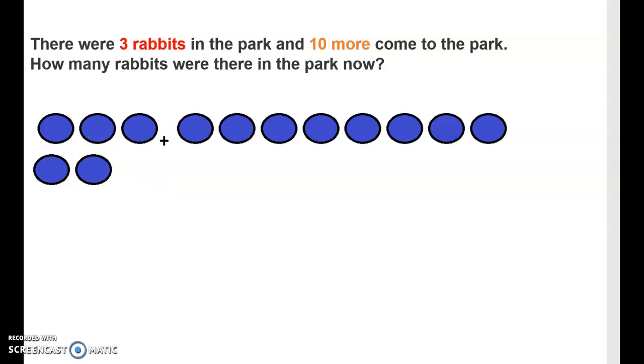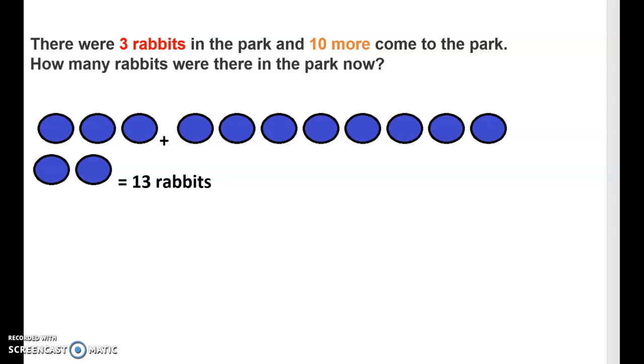And then I'm going to say equals, right? I'm going to use a count on strategy. 1, 2, 3, 4, 5, 6, 7, 8, 9, 10, 11, 12, 13. So there are 13. Now what 13, right? What 13 do I have? Remember we learned unit labels. So we're going to add 13 rabbits.